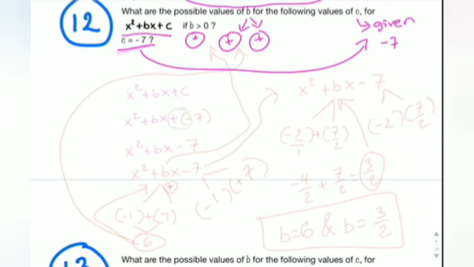Okay, so let's write the expression. Now let's substitute, given c equals -7. So every time we see c, we put in -7. So plus bx plus, there you go, there's the c. So we're going to put a -7.